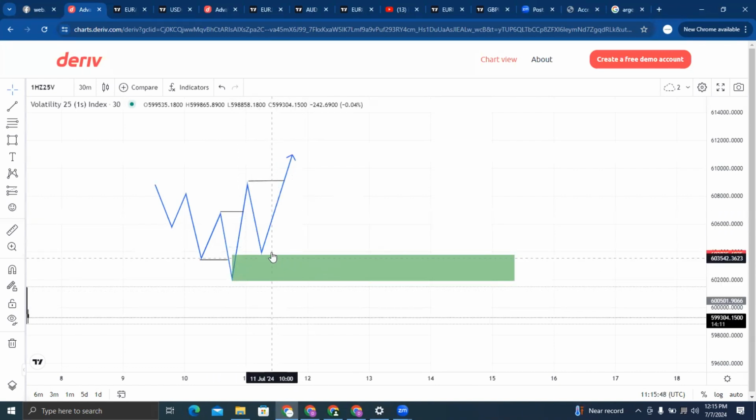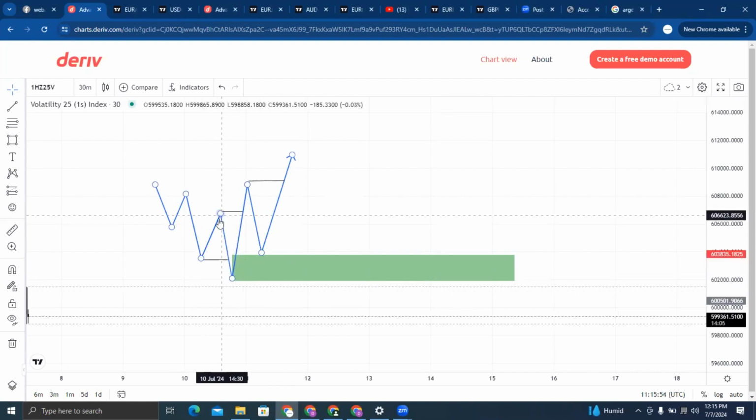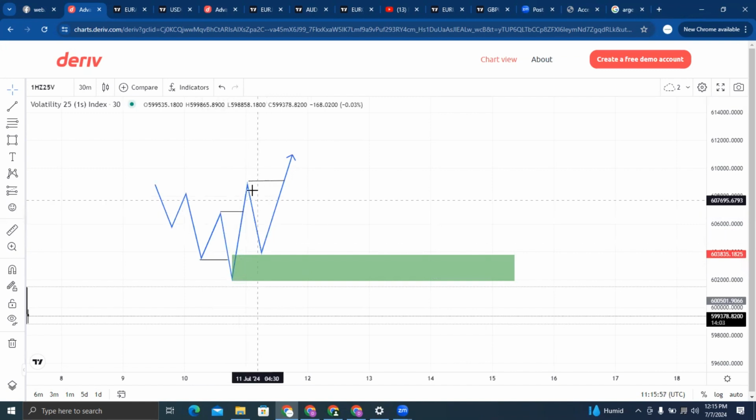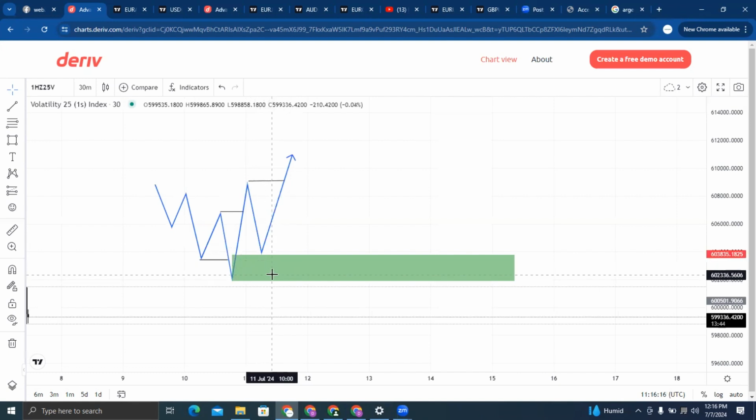And why am I doing this? My entry model is like this. When I see a liquidity sweep and a break of structure and a successful pullback and another break of structure, this area now signifies a structural liquidity, because for markets to move, markets need to grab liquidity from a point before it moves to another direction.